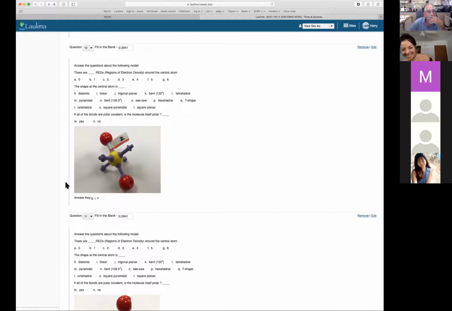How many regions around the central atom? You've got 1, 2, 3, 4, 5, 6, and the shape is simply going to be linear. And if all the bonds are polar, is the molecule itself polar? The answer is no, because it's symmetrical.